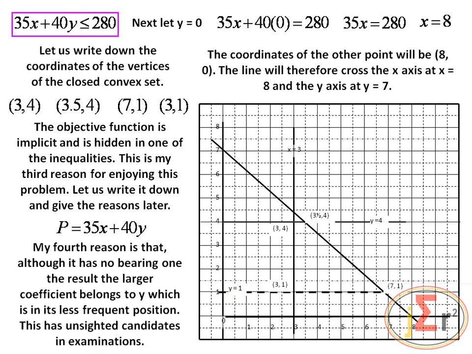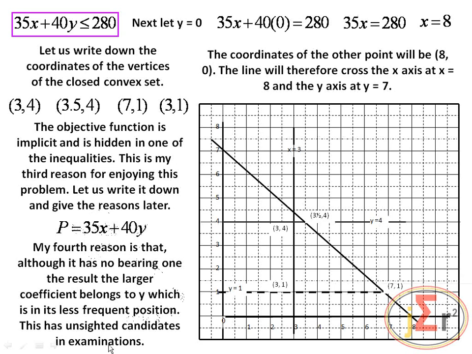My fourth reason is that although it has no bearing on the result, the larger coefficient belongs to y, which is in its less frequent position. Usually the larger coefficient in the objective function belongs to x. In this case it belongs to y.